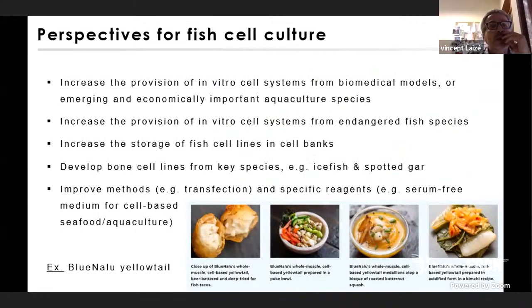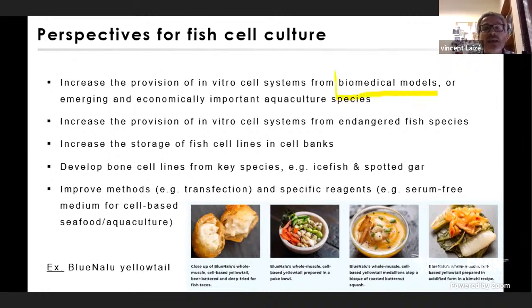Just a small conclusion about the fish cell culture and what the future perspectives are. I think the perspective is really to increase the provision of fish cell lines for particular systems, and I will mention the biomedical models.